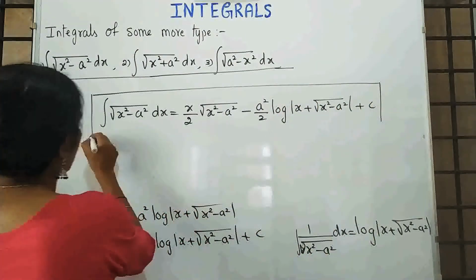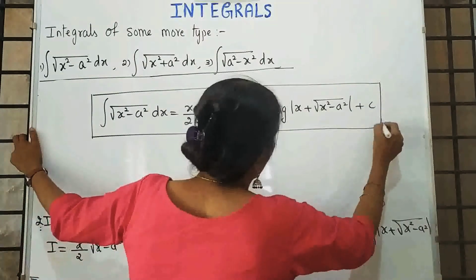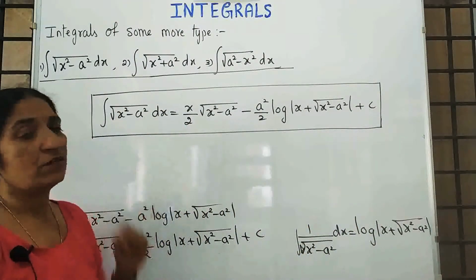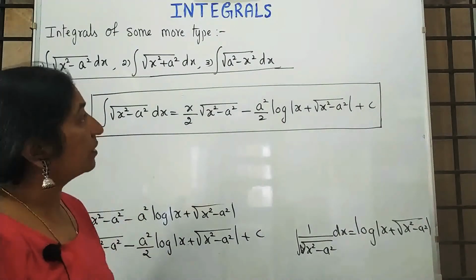This is the first formula. Total we have 3, and these related examples are deleted but not the formula. So now moving to the second formula.